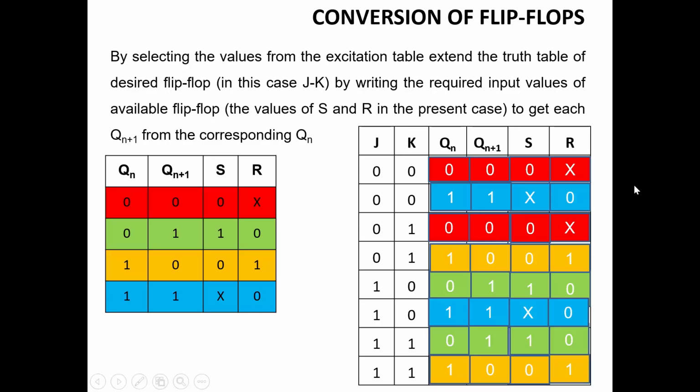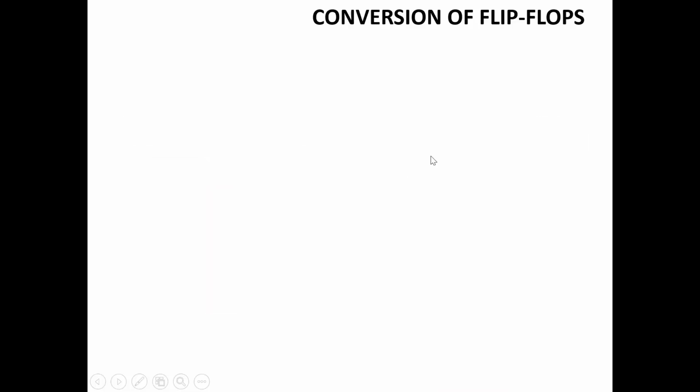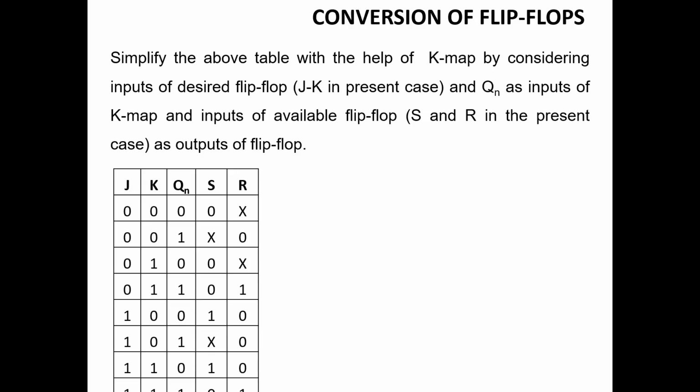From this table, draw the K-maps for the S and R outputs by considering J, K and Qn as the inputs. For S, the K-map is drawn here.